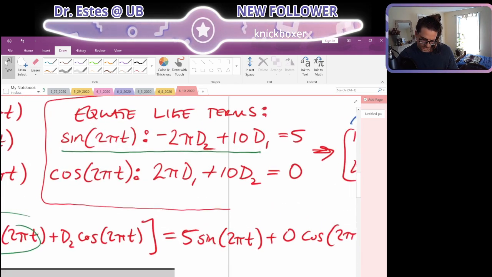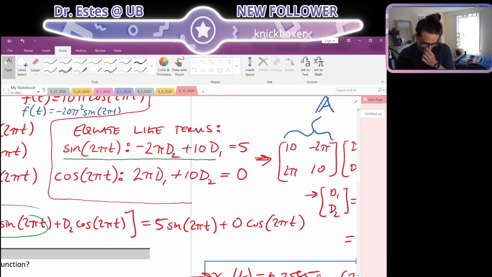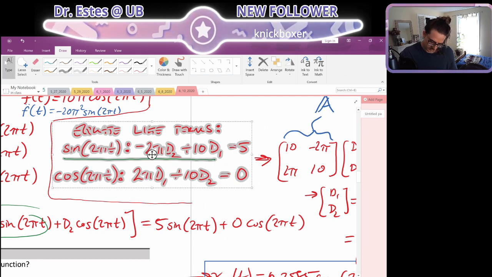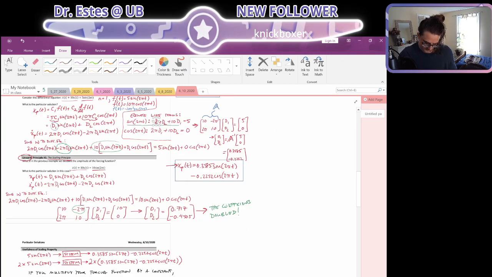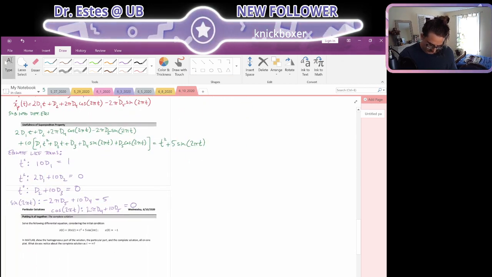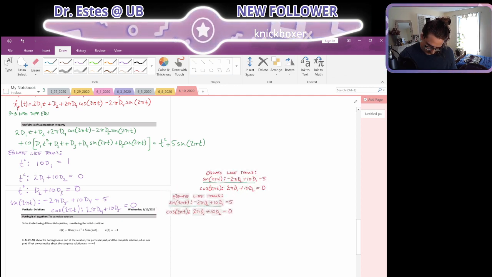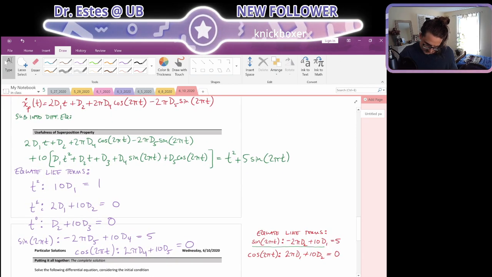What I want to do is look at this set of 2 equations. I'm going to copy this. Okay, hopefully that worked. Let's bring that down here, paste it, and let's take a peek. Look at this.